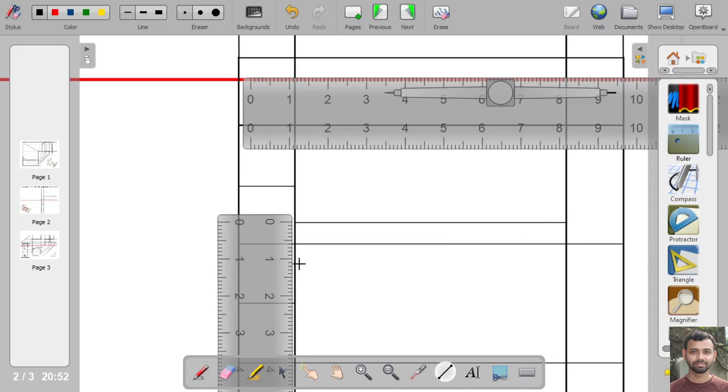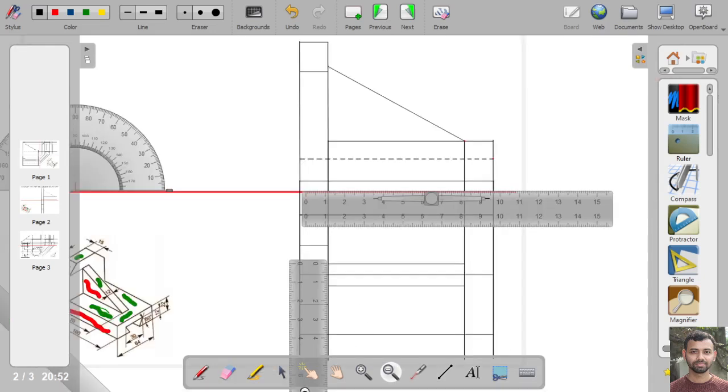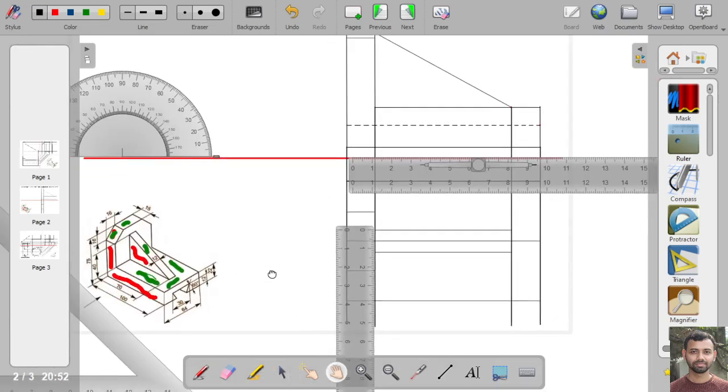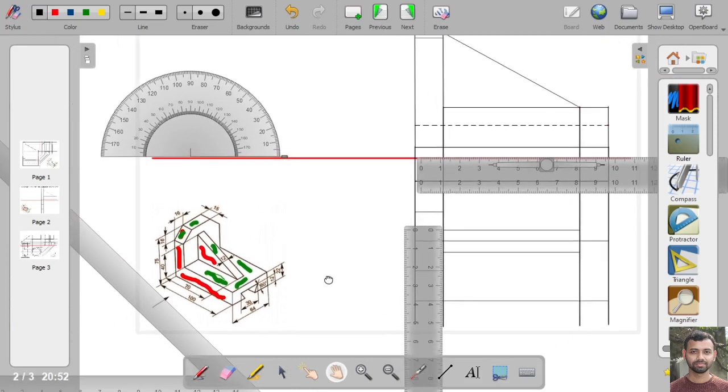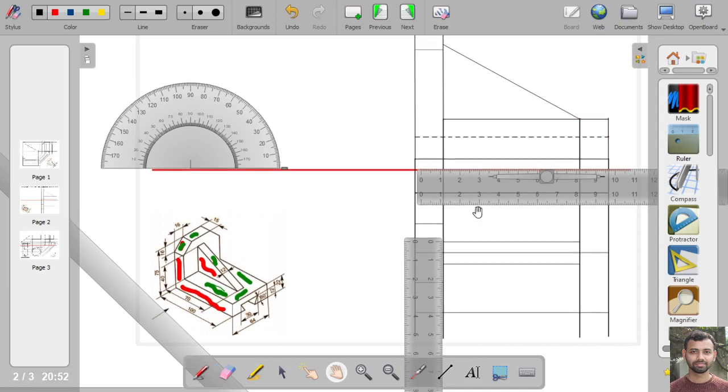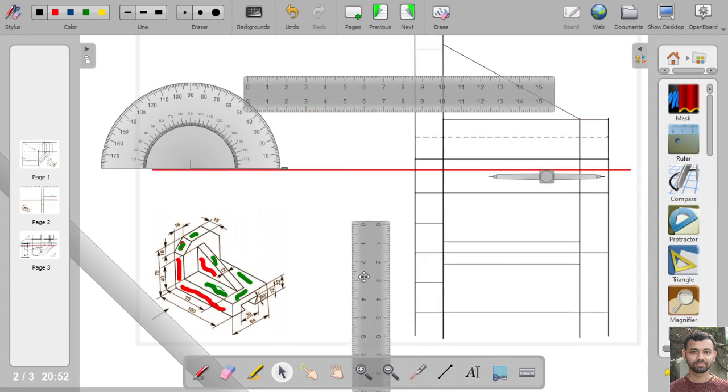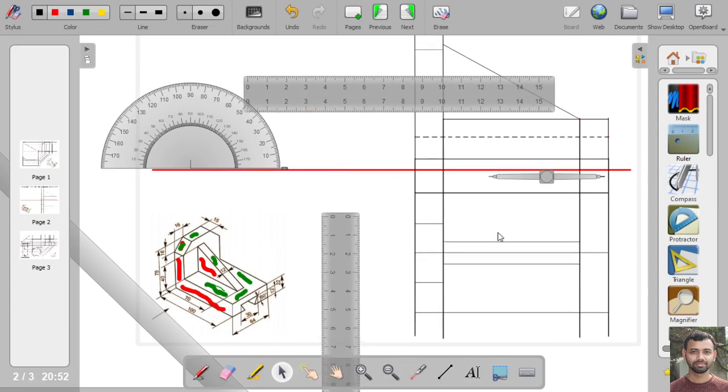From this point we will draw another line, then it will become 12 mm. Okay, now this total portion is 12 mm. Next, what are the other portions that can be seen? Whatever portions can be seen, we have drawn. Now we have to find out which portion cannot be seen.